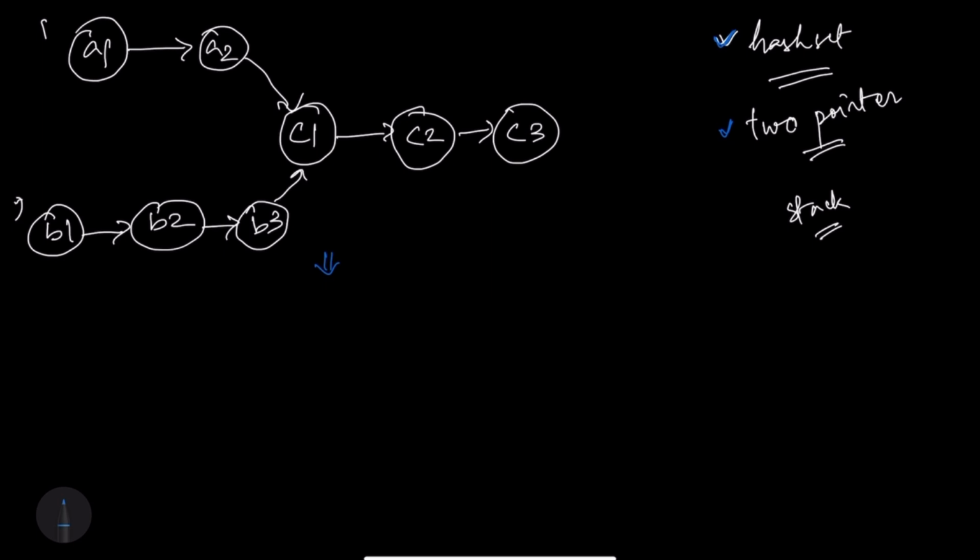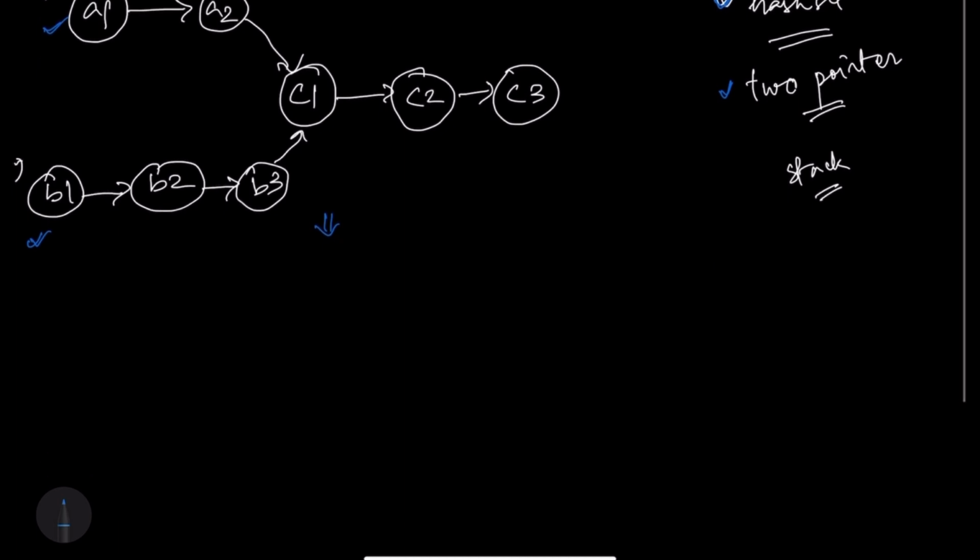If 1 is reaching none, then 1 would be assigned the head of this linked list. If 2 is reaching none, then 2 would be assigned the head of this linked list. And at the point that they will meet, that is the element that we will return.